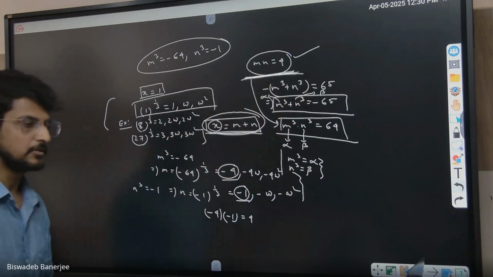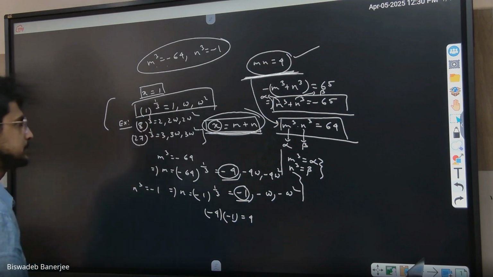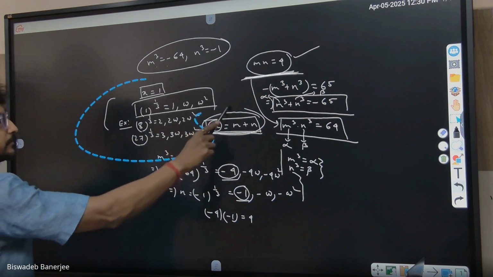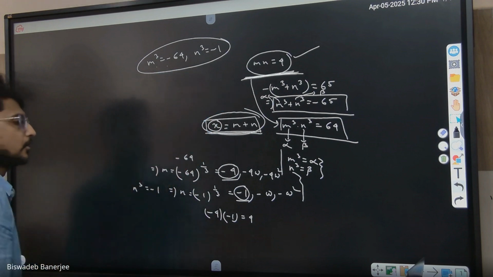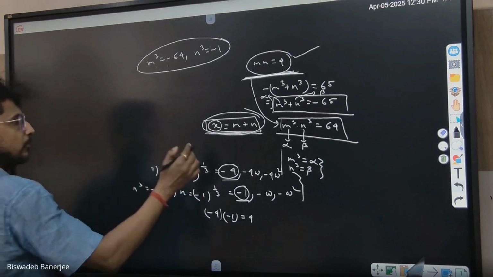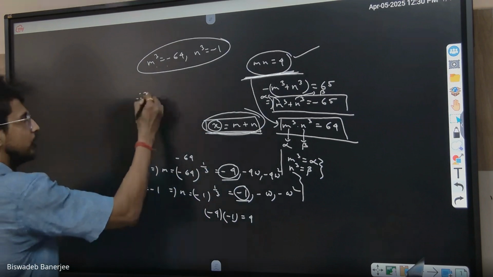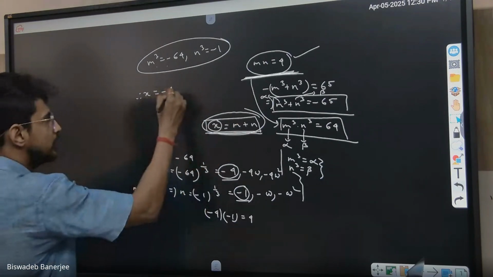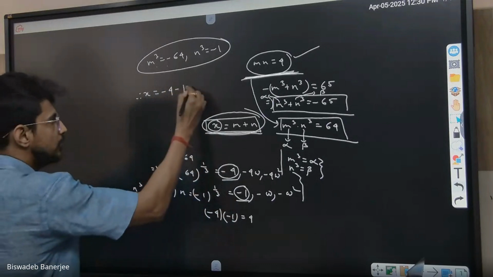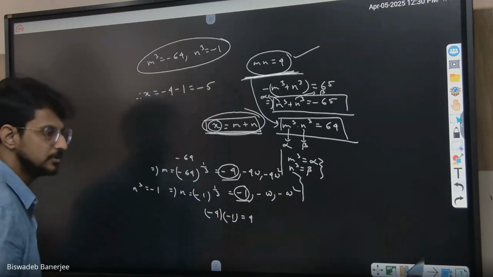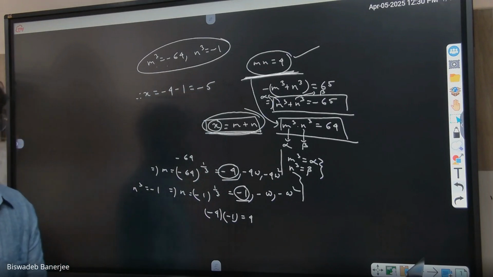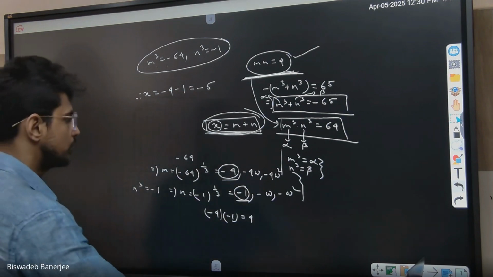We must satisfy this equation. So our first x is x equal to m plus n, with m equal to minus 4 and n equal to minus 1. So this is minus 5. So minus 5 is a root of this equation.